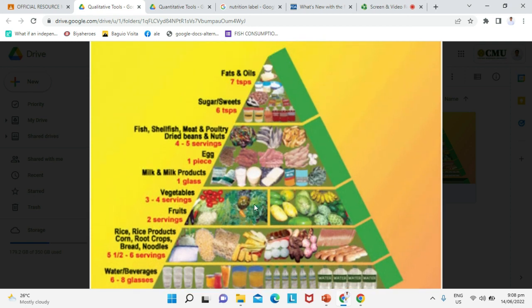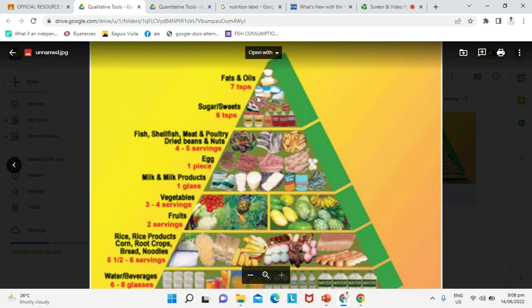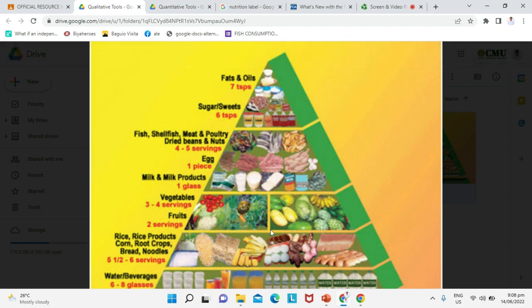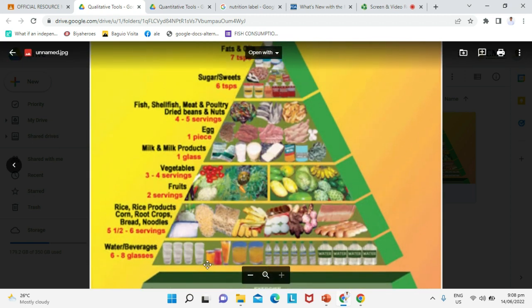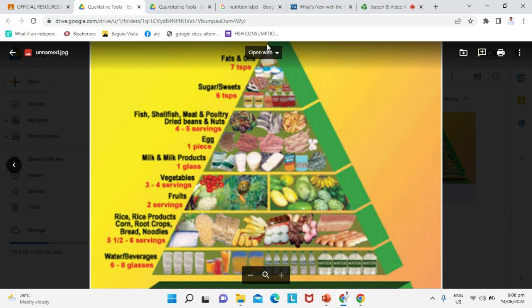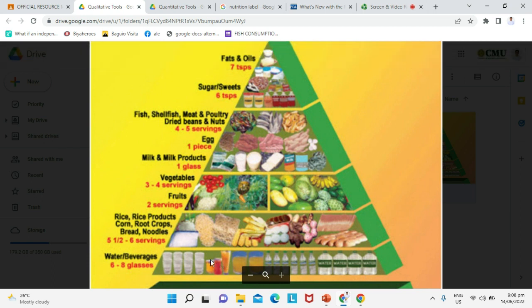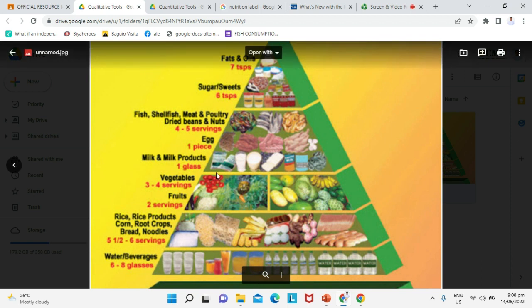If food items are placed on the top of the pyramid, that means we only need a little of them compared to those placed in the bottom part. As the pyramid progresses, the amount we need of them decreases.